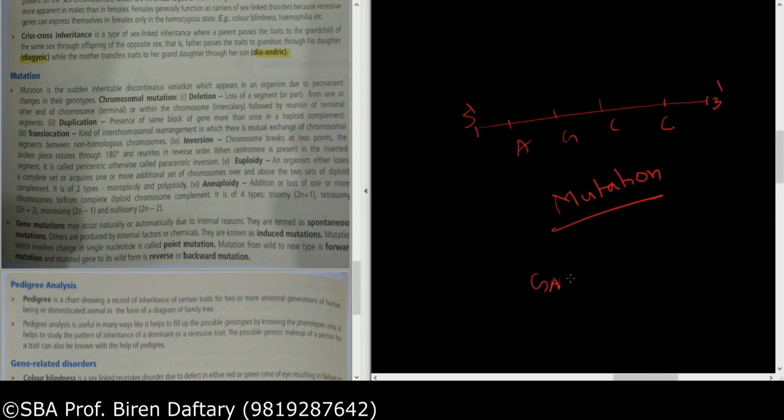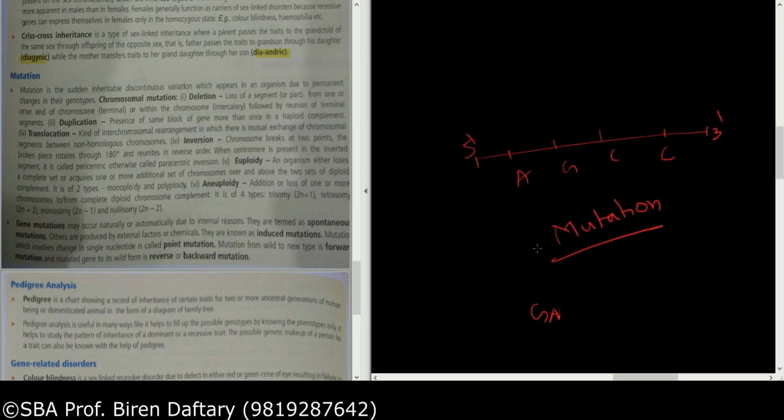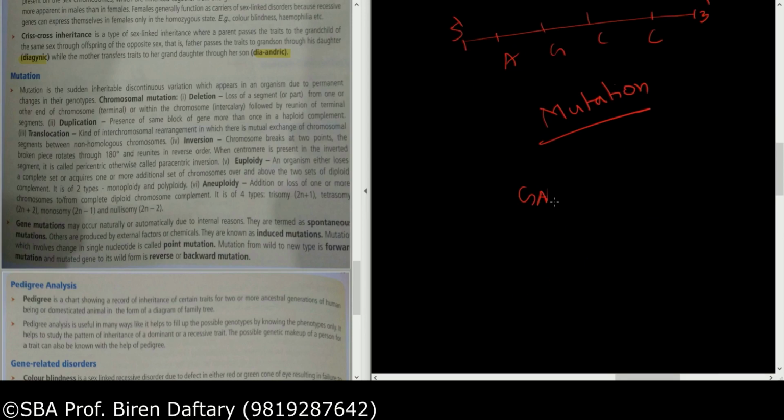Now why is this very important to study? Because I'll give you an example. Suppose this is the nucleotide sequence G A G. These three nucleotides are present. This is called a codon, and if you remember, codons are three nucleotides present on the mRNA, messenger RNA.